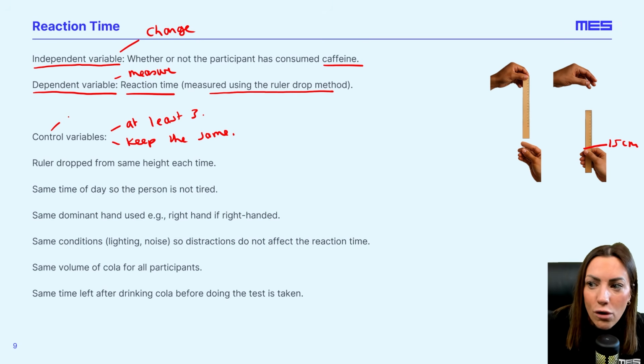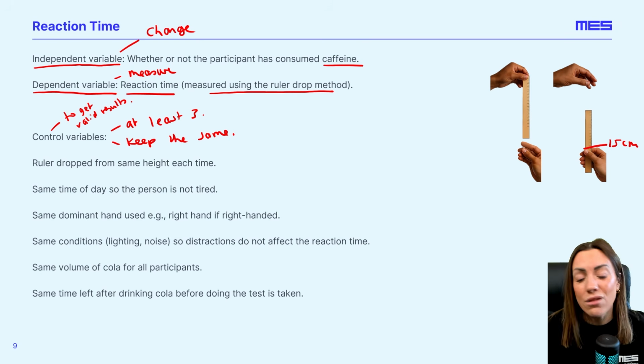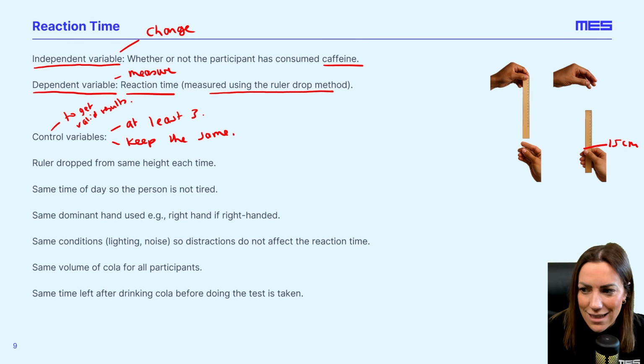So we control variables to get valid results. Don't just say to make it a fair test. That is not good enough. We control them because they would affect our dependent variable. They would affect a person's reaction time, and that would mean the results and our conclusions would be invalid.